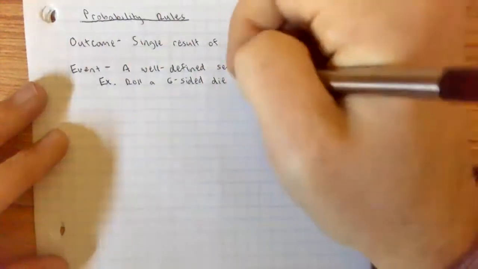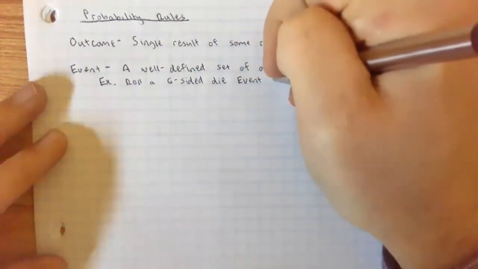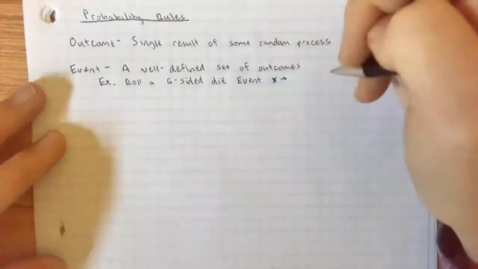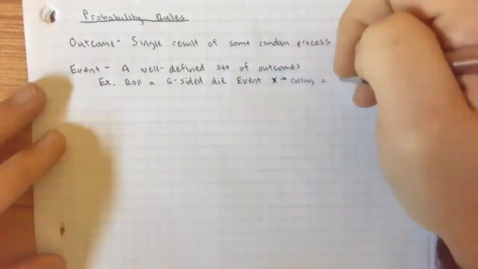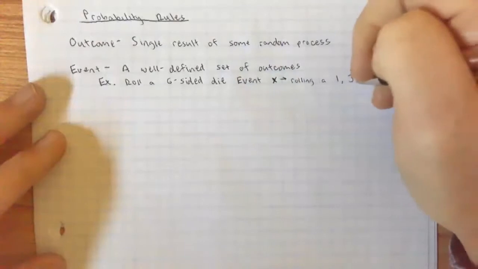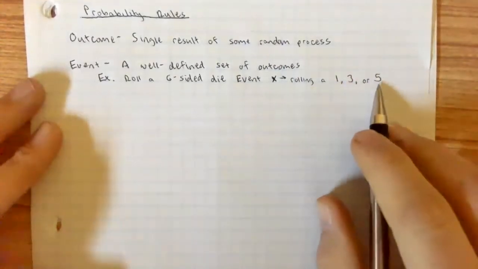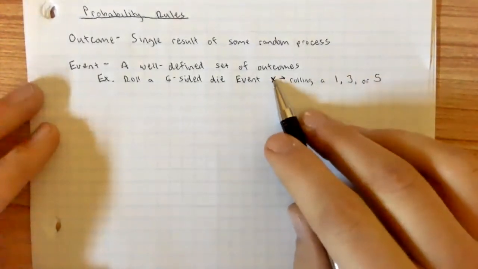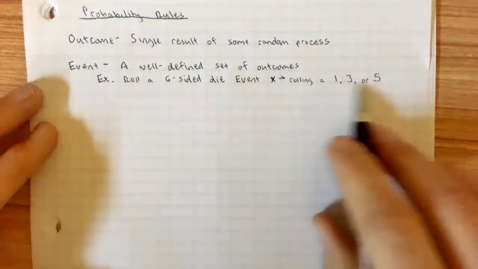We could define an event, we'll call it event X, as rolling a 1, 3, or 5. These 3 separate outcomes are all lumped together into this one event. So again, an event is essentially a collection of outcomes.